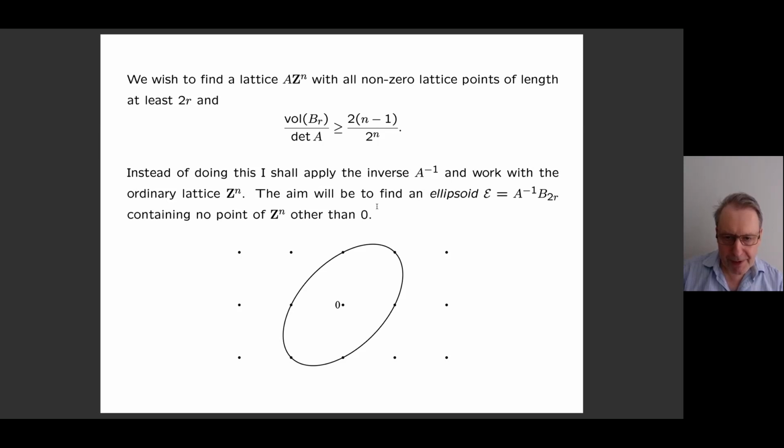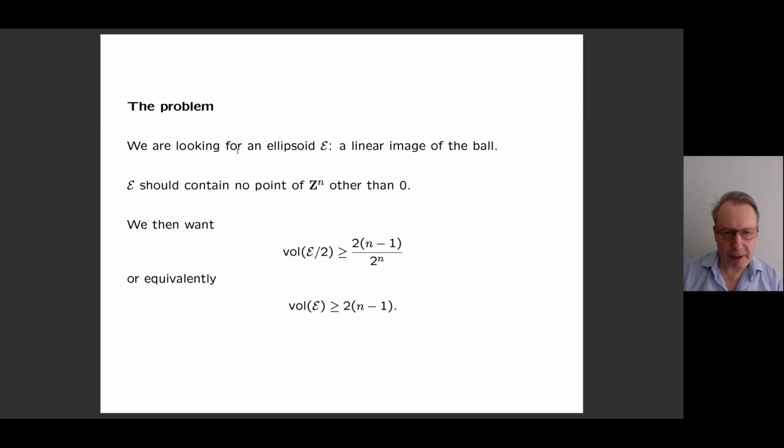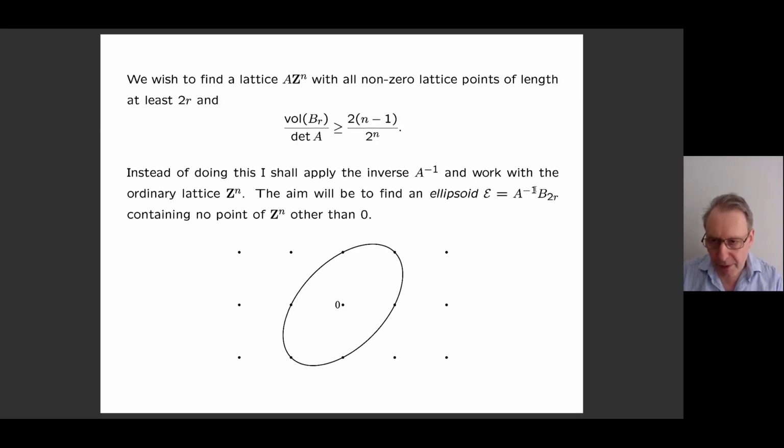Okay, so this is now the new setup, and as I say, it's a standard way of reformulating the problem that many people used. So let's actually encapsulate what the problem is. We're looking for an ellipsoid, so that's a linear image of the ball centered at 0. It should contain no point of the integer lattice other than 0. And you see this ellipsoid corresponds to the ball of radius 2r.